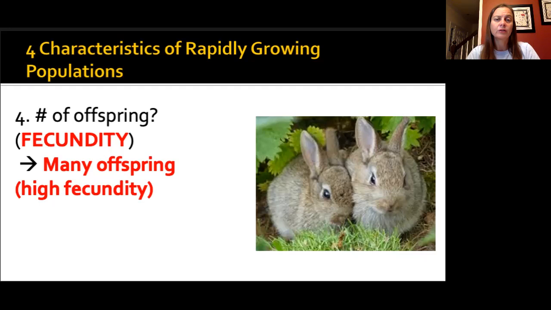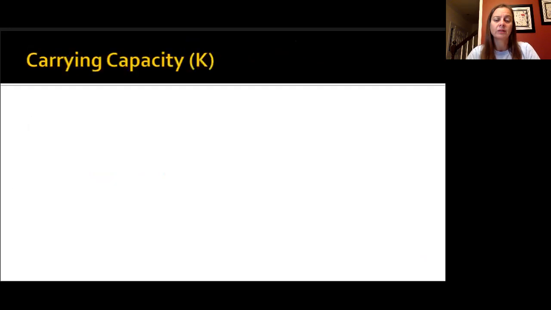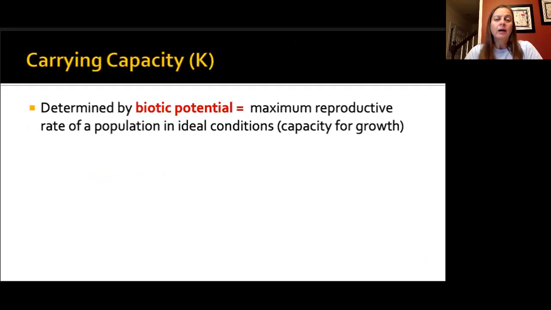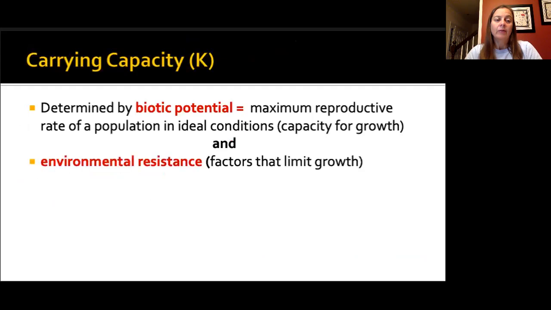When they do have limited resources, we call that environmental resistance. Those are the factors that limit growth. So carrying capacity is determined by biotic potential, that r factor, the maximum reproductive rate, and the factors that limit growth.